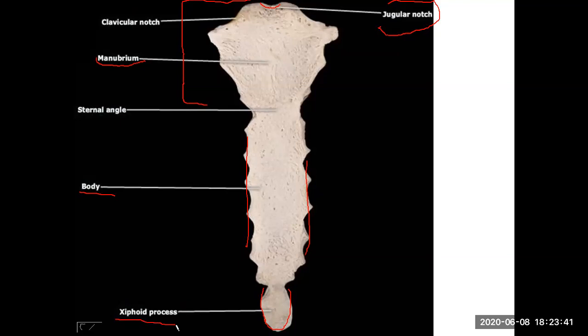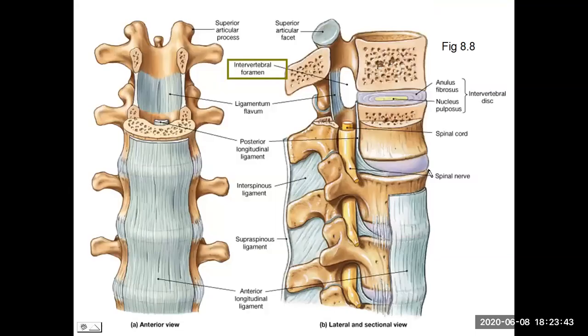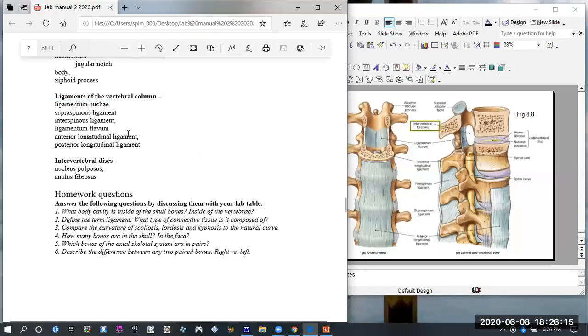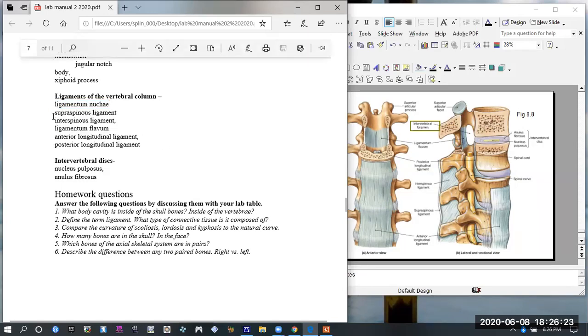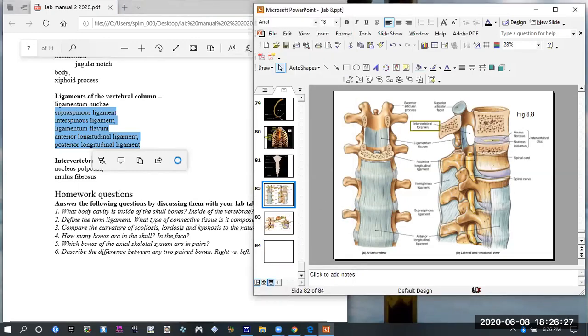For the final section of the lab, we'll be using textbook images right here for the ligaments on the vertebral column. So the first one that we need to see, this first one here, ligamentum nuchae, we'll omit this one since it's not on this figure, and we'll stick with the rest of these right from the figure to make this a little easier.